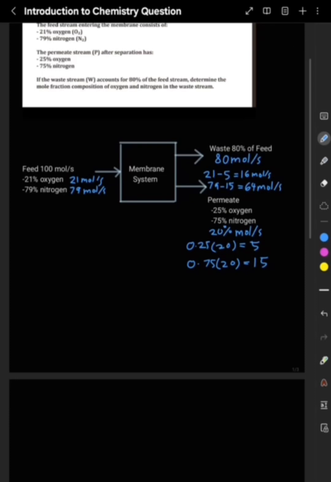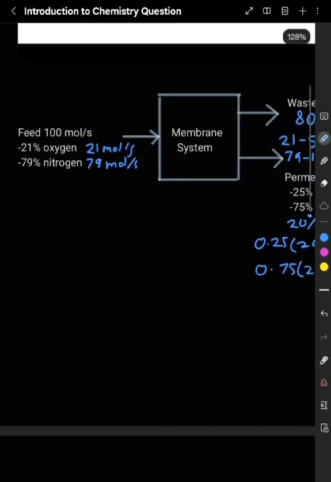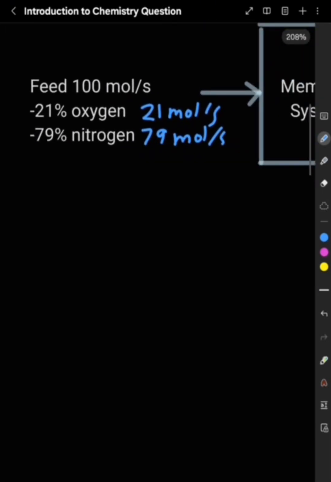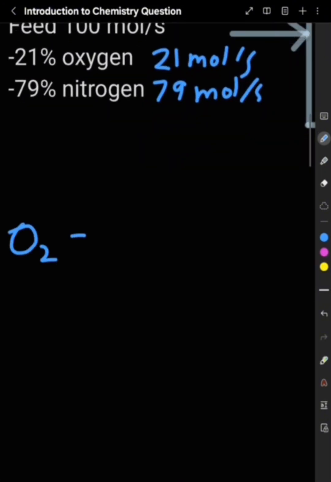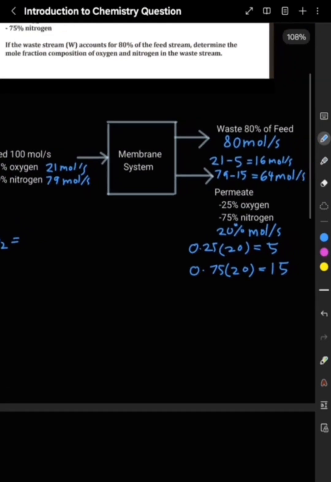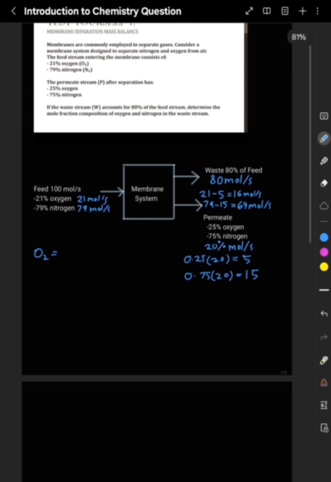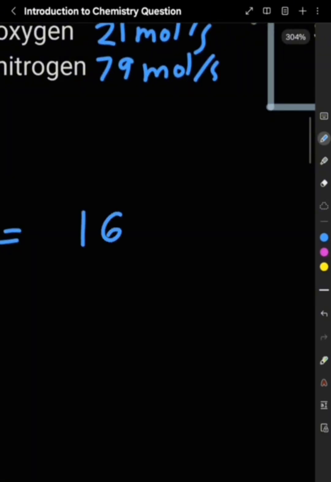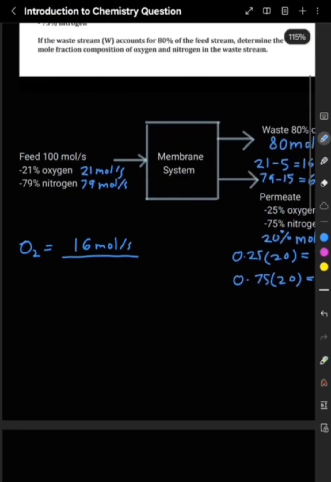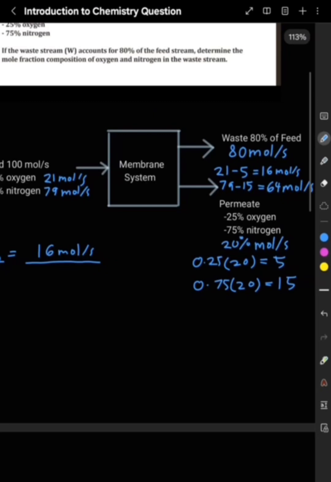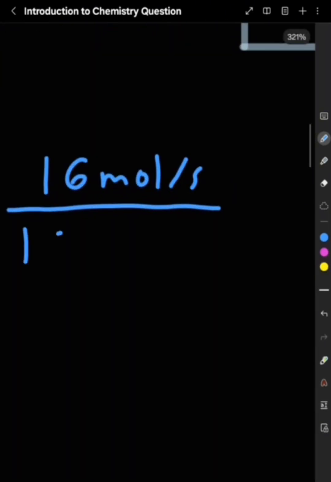And then we can find the mole fraction. So mole fraction for the oxygen in the waste is 16 mole per second over the total of the oxygen and nitrogen, which is 16 plus 64.